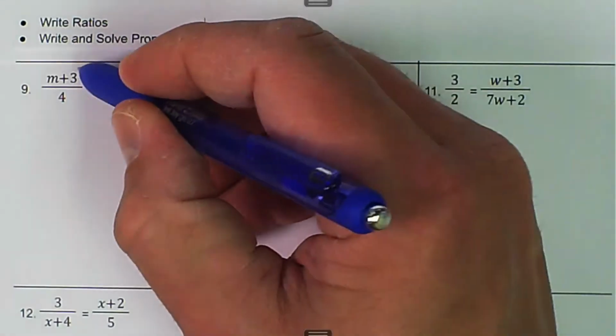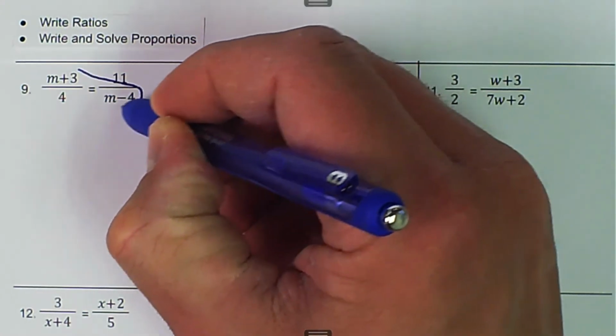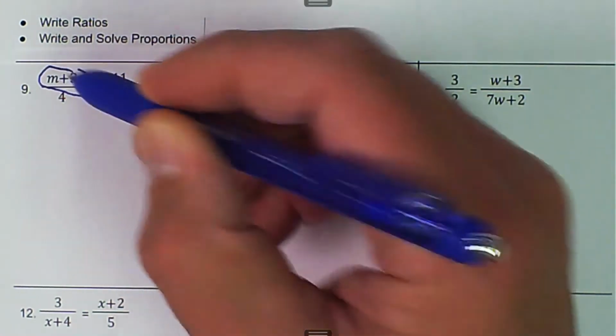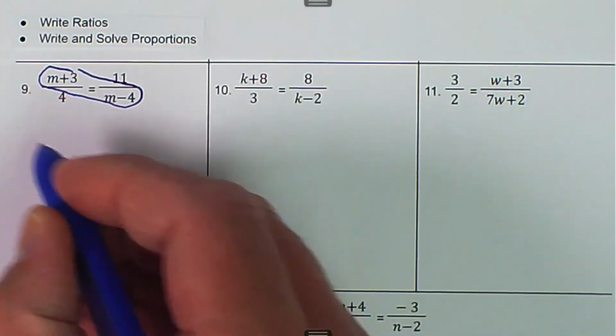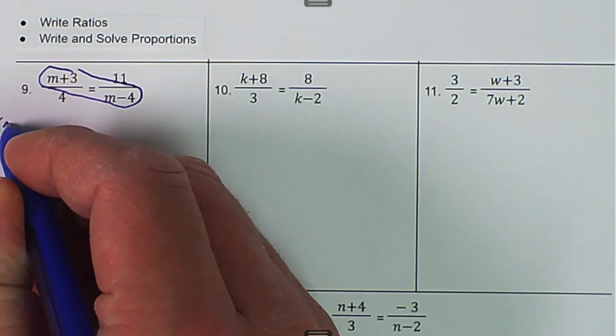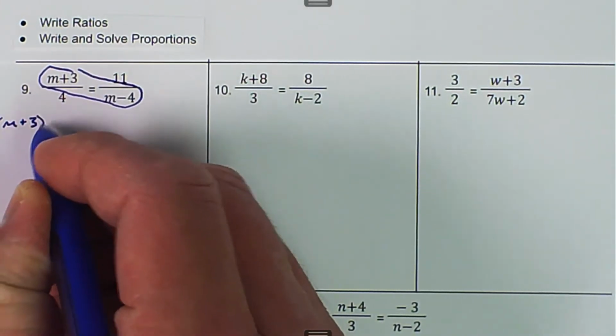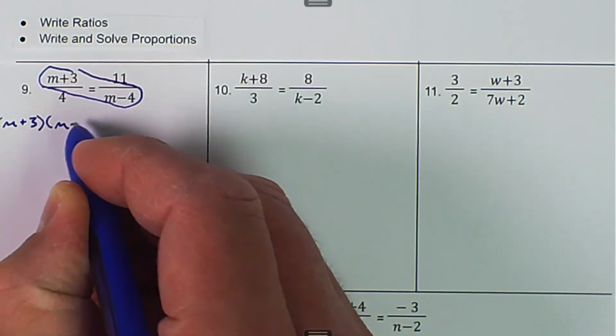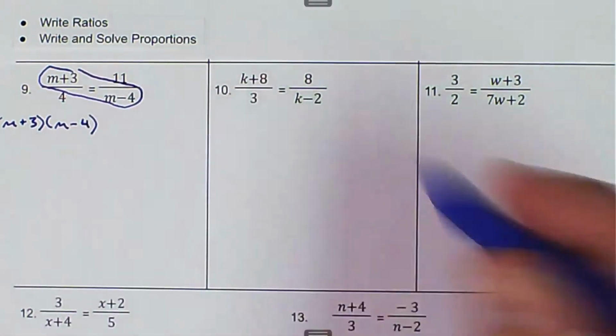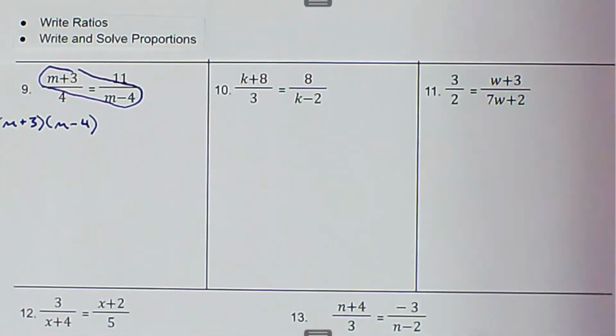So for this example here, our extremes are going to be the binomial m plus 3 times m minus 4, and that is going to be equal to 4 times 11.